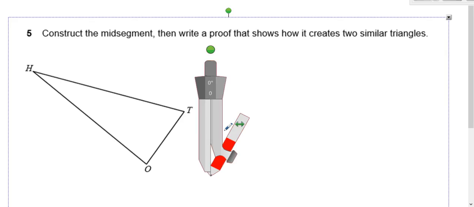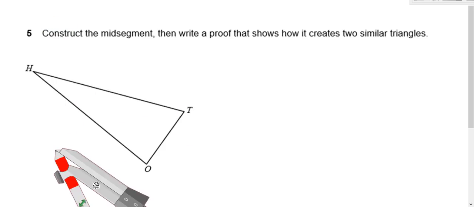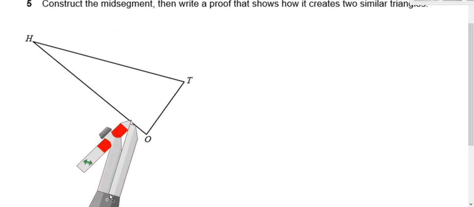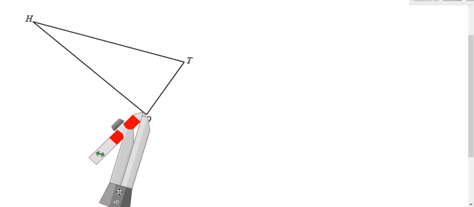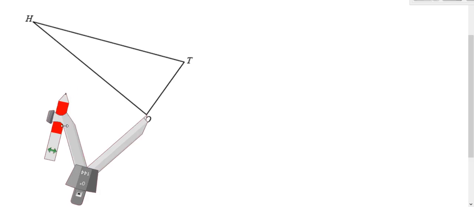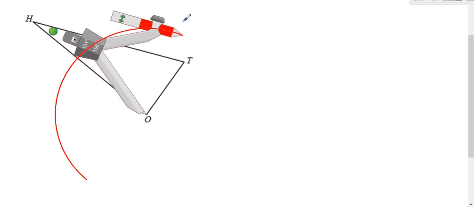So construct the midsegment. That means we need 2 midpoints. You can pick whichever sides you want. I'm going to choose the midpoint of HO. So you put the point of your compass on the vertex, stretch it more than halfway, and make a semicircle.